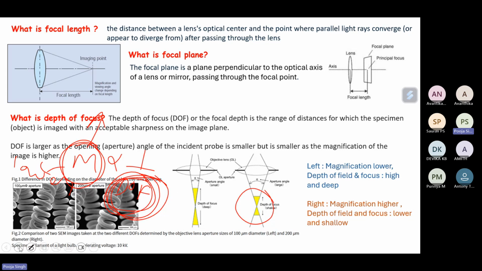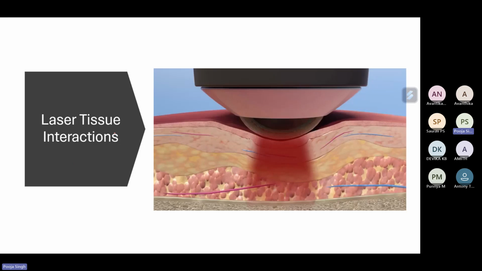Okay. Now it is coming to biology. The physics is now being incorporated into biology. If you talk about biology, the first thing that comes is the tissue. So here we are going to read about the laser and its interaction with the tissue.